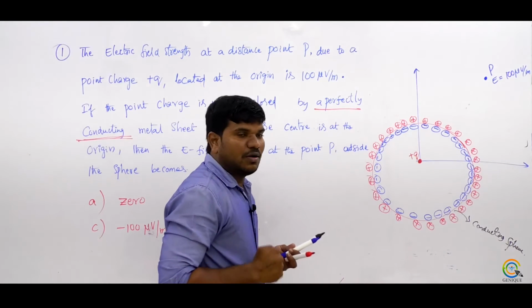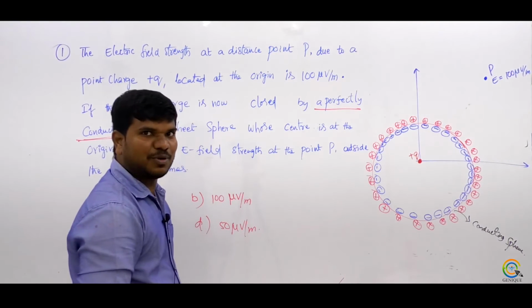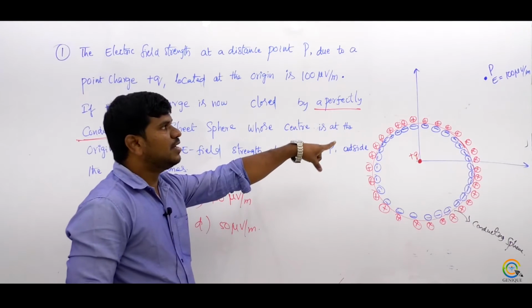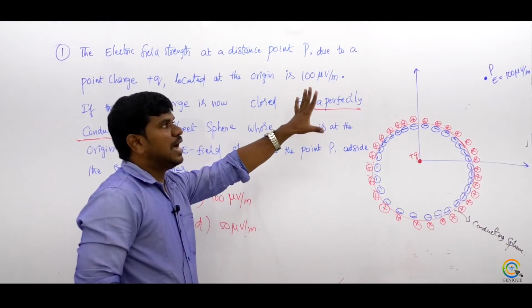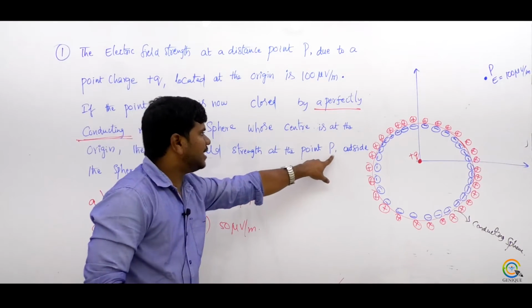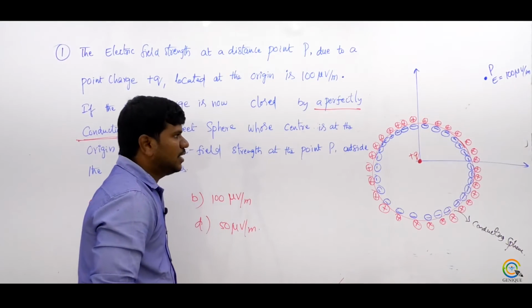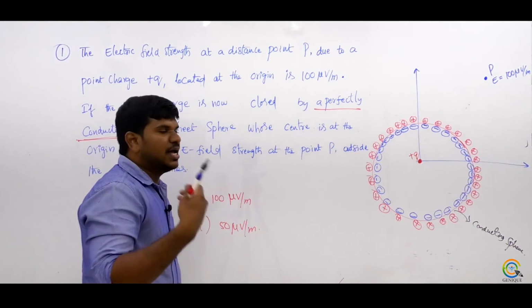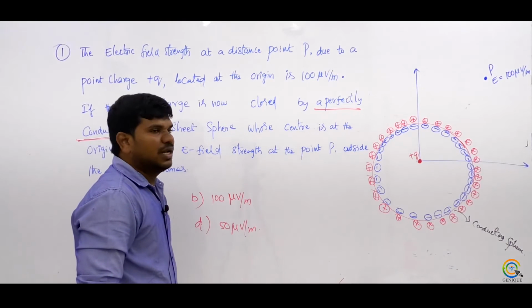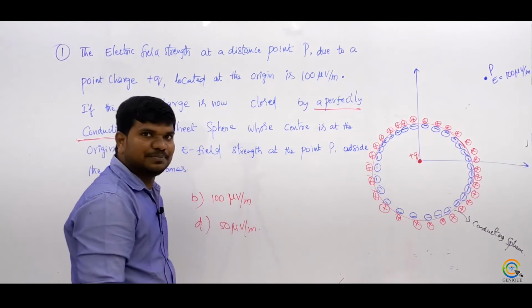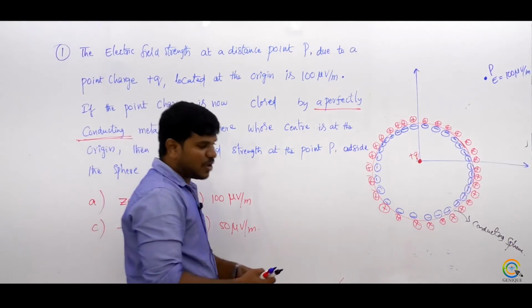Okay. So now the application of Gauss law. What we have to find is the electric field intensity at a point P outside this. To find the electric field intensity, we will use the Gauss law.